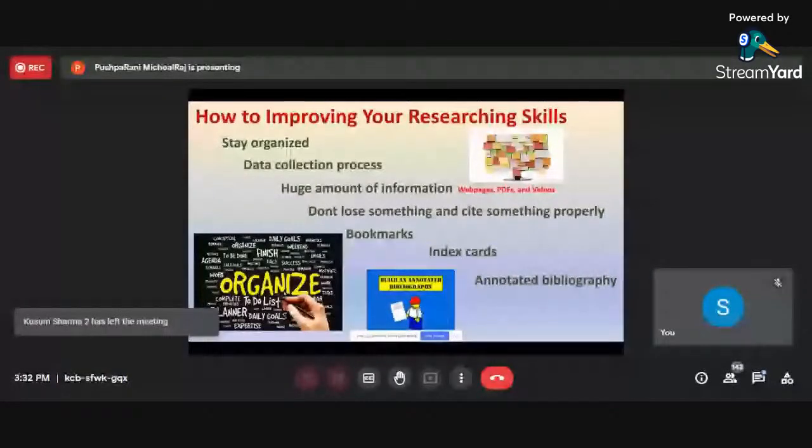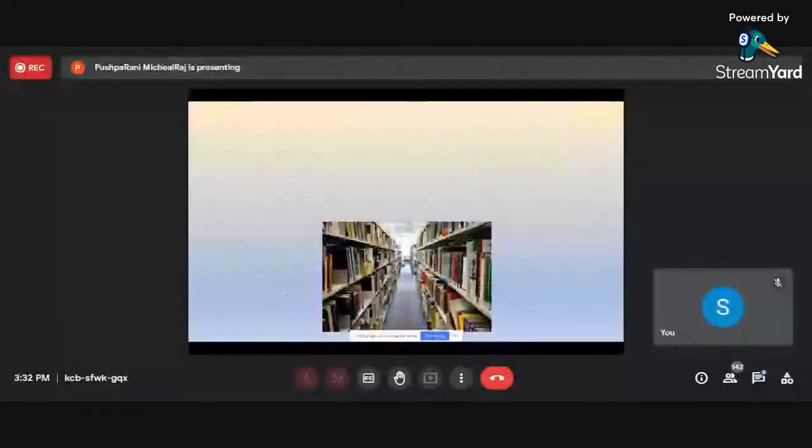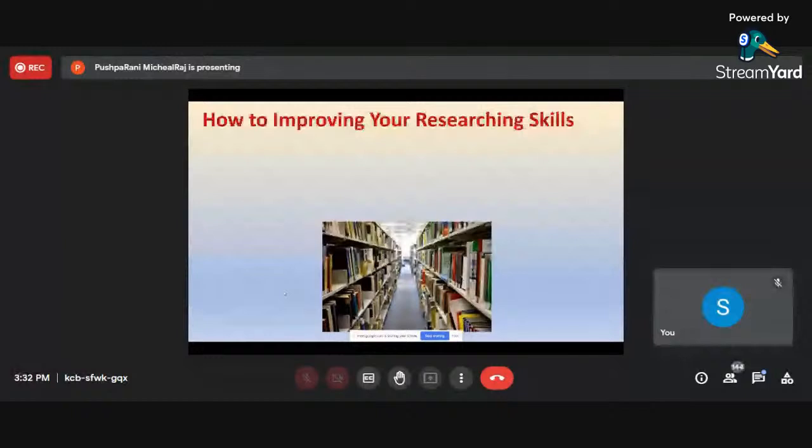So one of the main advantages of improving your research skill is to use your library resources. Take advantage of the library resources. It's very important. You have a lot of questions during your research, and some questions are not answerable.